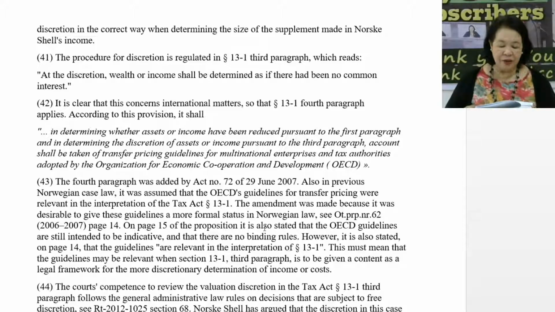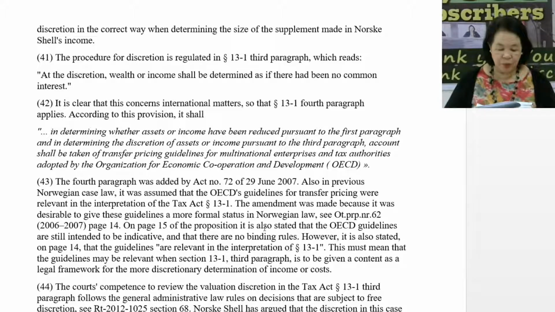The fourth paragraph was added by Act Number 72 of 29 June 2007, also in previous Norwegian case law. It was assumed that the OECD's guidelines for transfer pricing were relevant in the interpretation of the Tax Act 13-1. So the amendment was made because it was desirable to give these guidelines a more formal status in Norwegian law.